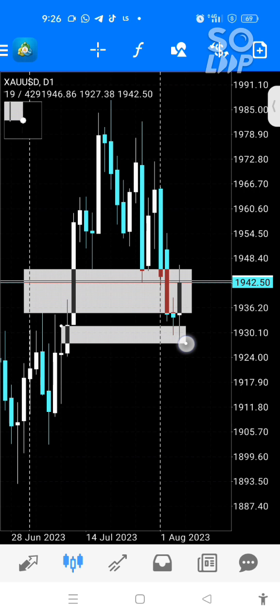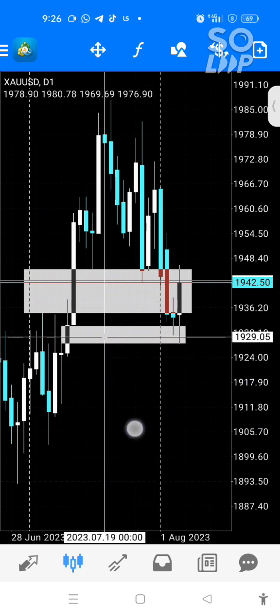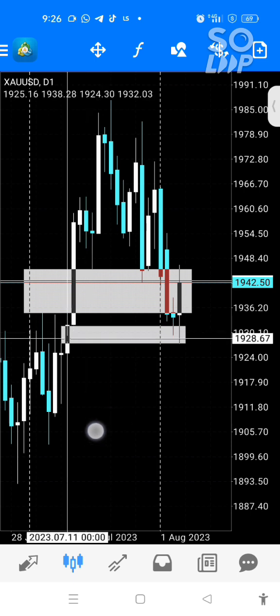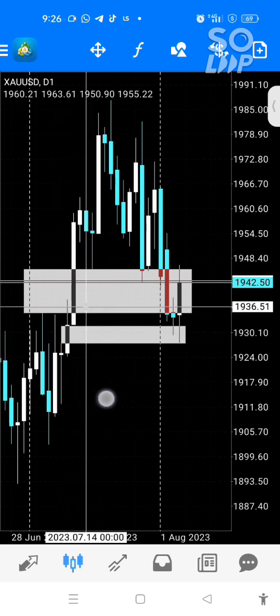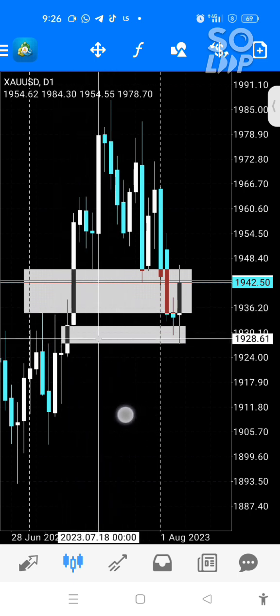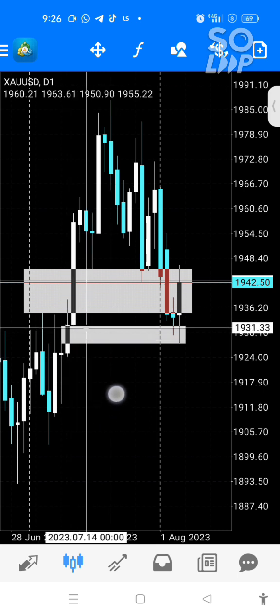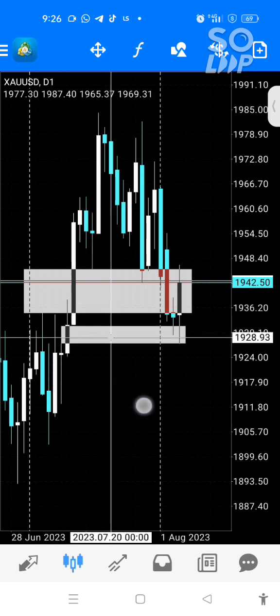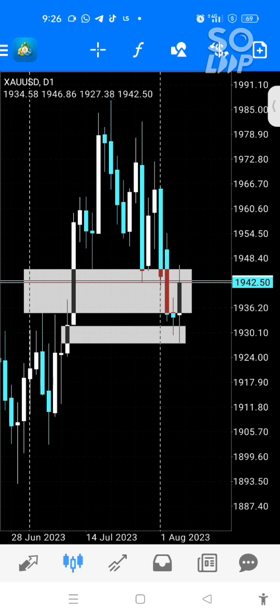that this market will come to this daily fair value gap. Remember, what is the model? Higher time frame PDRA, lower time frame liquidity grab. Now, I've already taught you time frame blending. What time frame do you blend with D1?